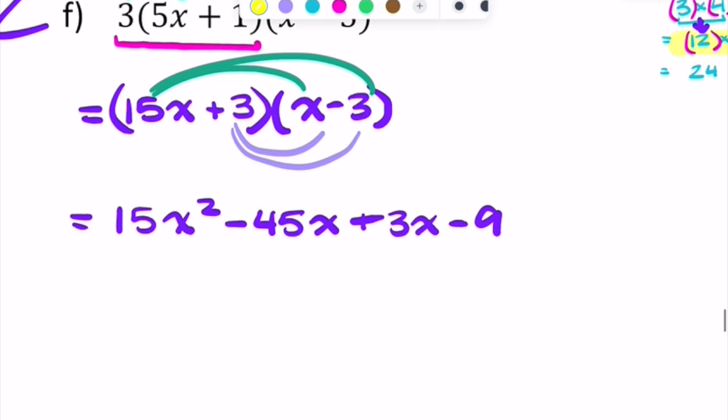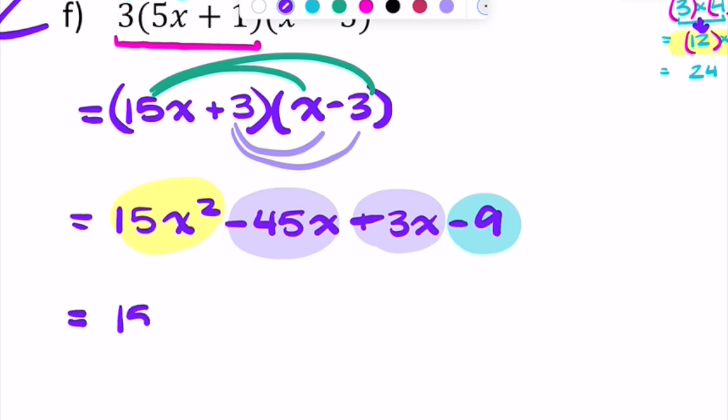And of course, I'm looking for any like terms as I go because my final answer is not simplified until my collection of like terms is all over. So I got my x squared in yellow, I got my x's in purple, and I got just my numbers in blue. I'm going to collect them.